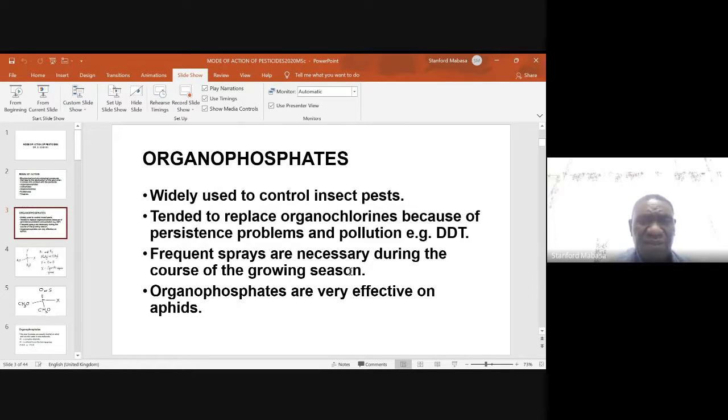Now, the organophosphates are widely used to control insect pests. They've tended to replace organochlorines because of persistence.